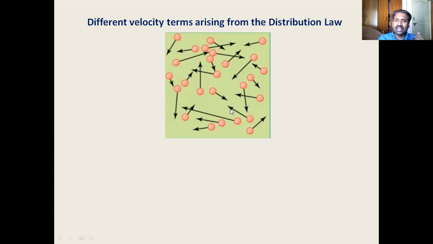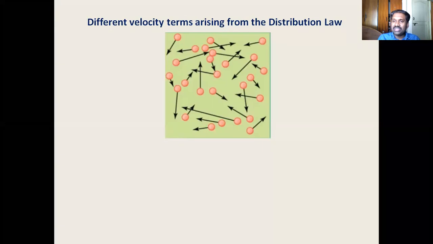If the velocity of one molecule is v, the molecule in the opposite direction with equal velocity is minus v. So if you take the average, v plus minus v divided by 2, you get an average equal to 0.